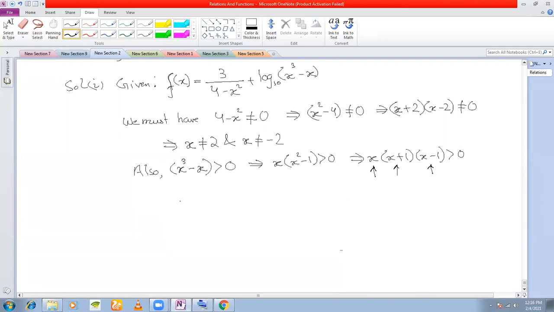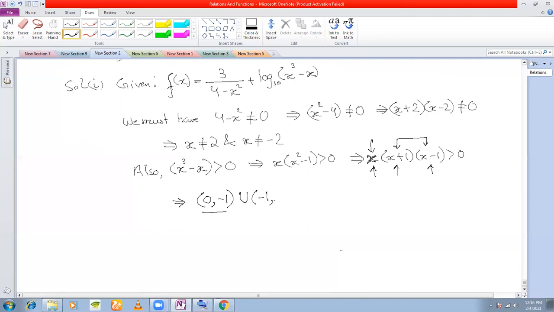See, you have an x here. That means it can come from 0 to minus 1, right? x plus 1 is equal to 0 gives you minus 1. So it can come from 0 to minus 1 union, and from minus 1 it will move on to plus 1.